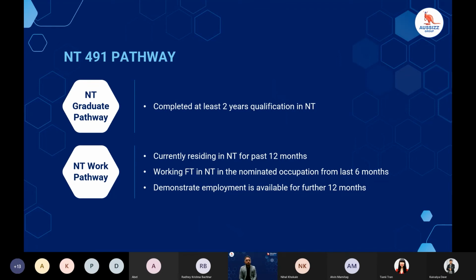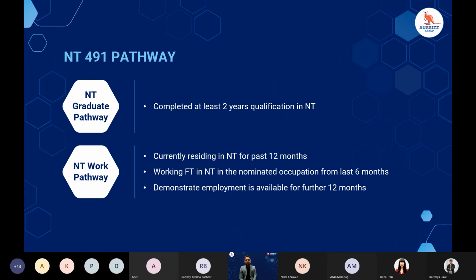So candidates who cannot apply for a 485 visa, but have the skills assessment in their occupation and have completed 2 years of study in Northern Territory, can apply for a 491 pathway in Northern Territory.